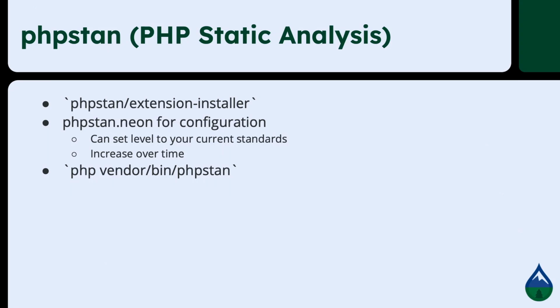One of the nice things about it is that you can set different levels of where you're at. I think it's 1 through 9, and they say you usually should be at 2 at a minimum. I've gotten a lot of clients up to 5 or so. If you go to 9, you're doing ultra strict type checking. Drupal core is far from 9. I think Drupal core is like a 2 or 3, if that now.